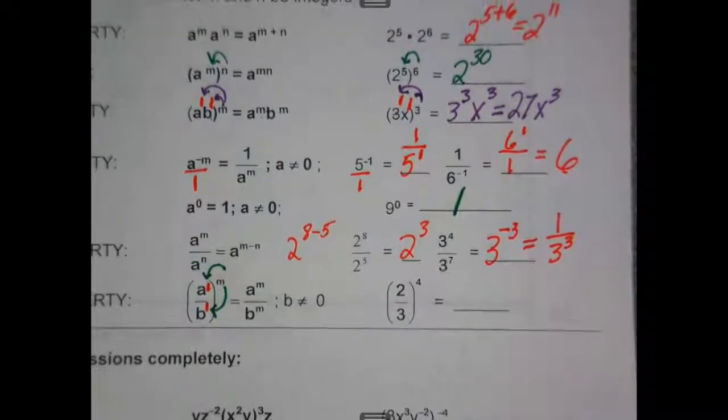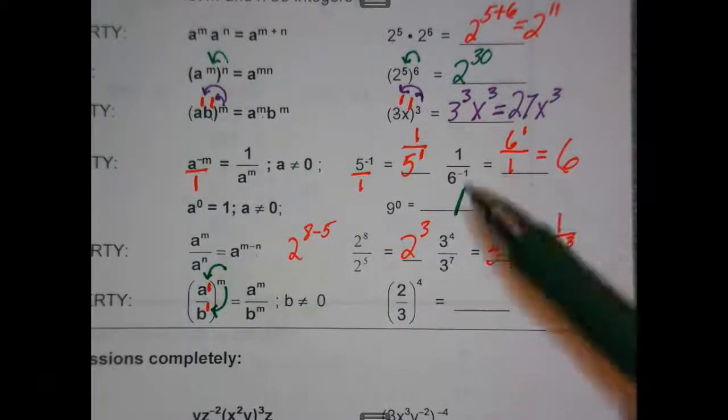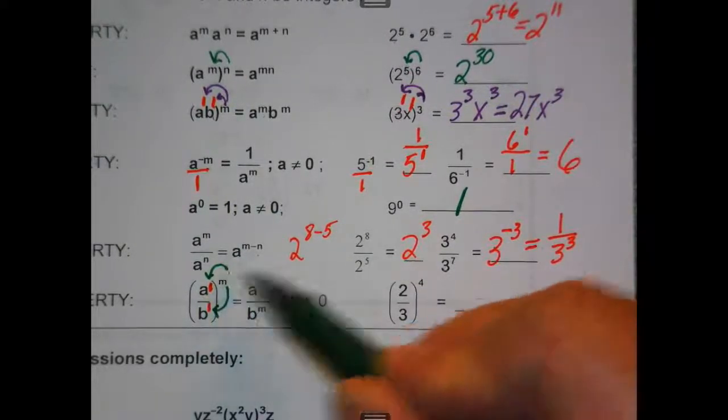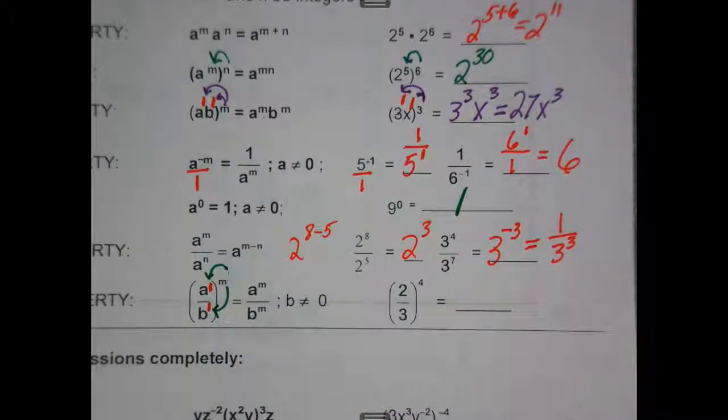So hang on until we get some examples. All right. So a to the 1 times m is a to the m. B to the 1 times m is b to the m.